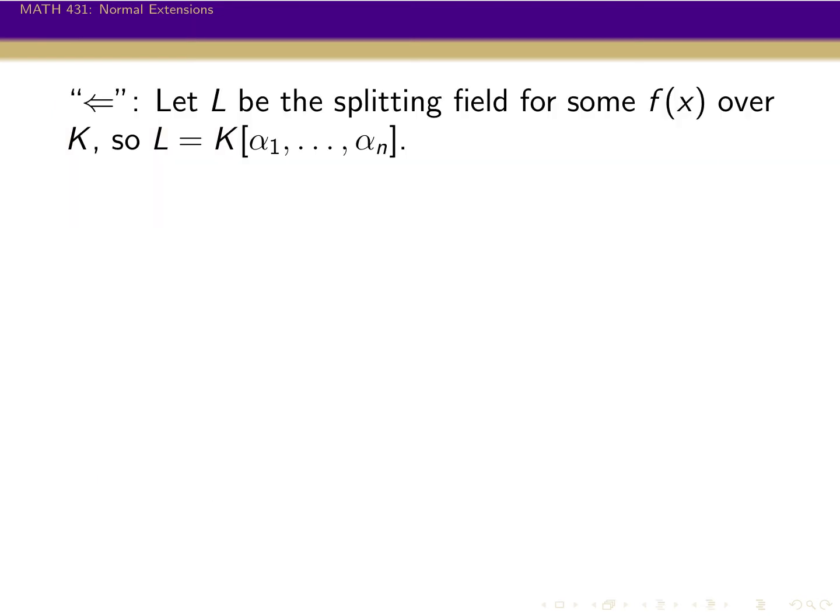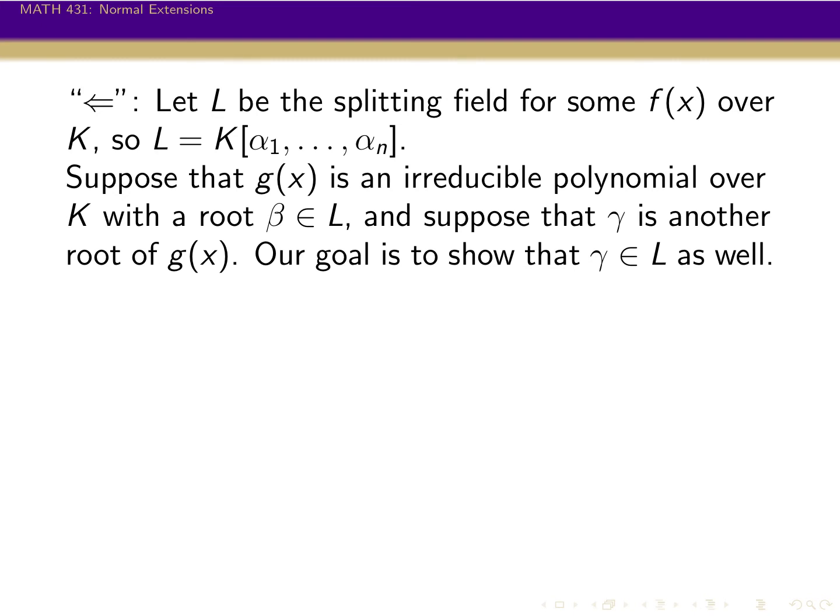Now for the backwards direction, and this is going to be a little bit more complicated. So we're going to start with a splitting field for some f of x over K. And so again, we're going to have L written as K adjoin alpha 1 through alpha n. Now what we need to show is that if we have some other beta in L, its irreducible polynomial is going to have to split in L. And so that means that any other root of its irreducible polynomial is going to have to be in L again.